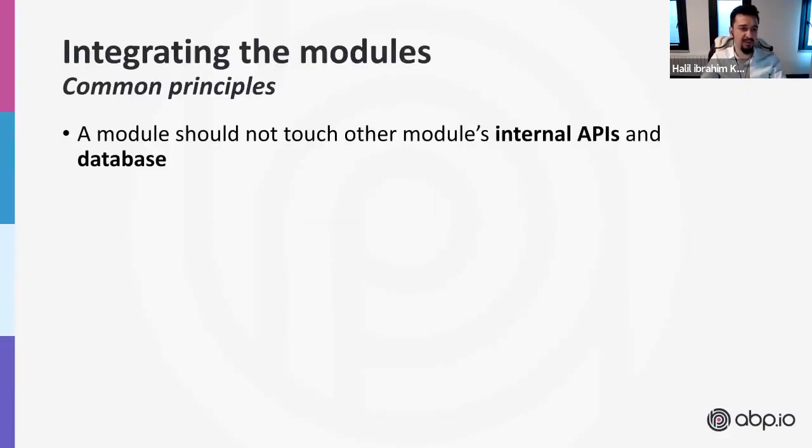There are some common principles. First, we already said don't use other modules' databases, and also don't use the internal APIs of a module. For example, a module should not directly use entities, domain services, or even application services of another module.